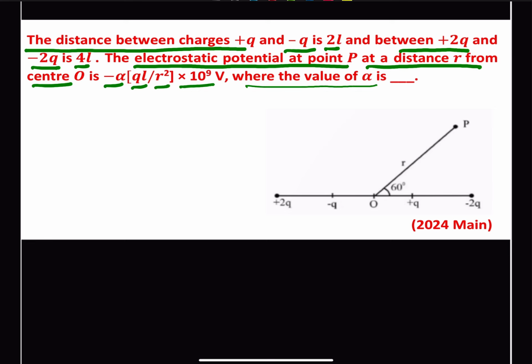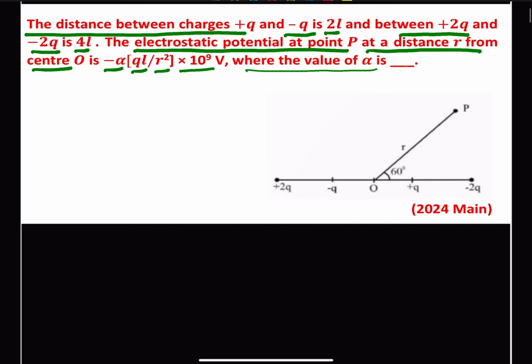So basically, we are given two dipoles. One dipole is of minus q and plus q, and the distance between them is given as 2L. And another dipole is of plus 2q and minus 2q, and the distance between them is given as 4L.